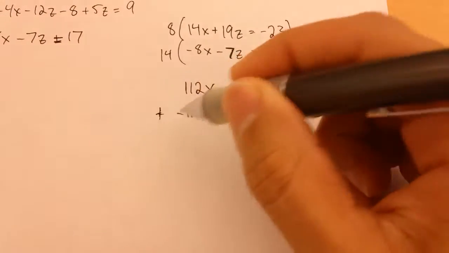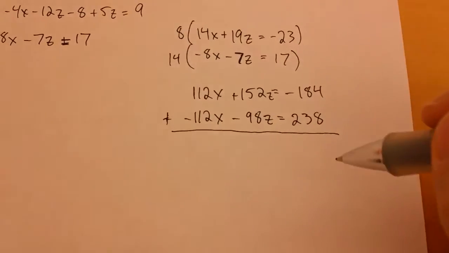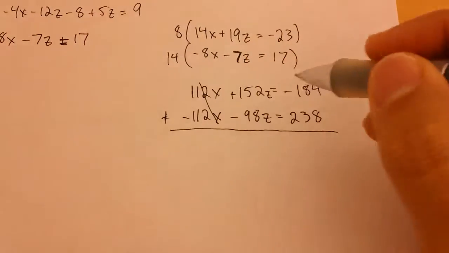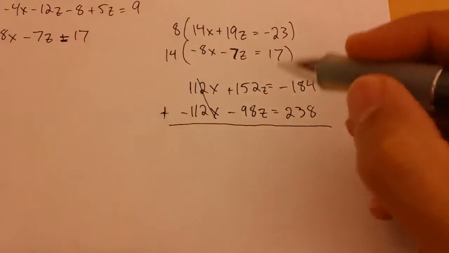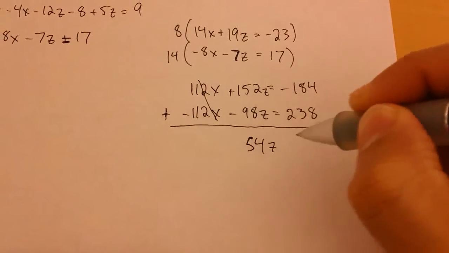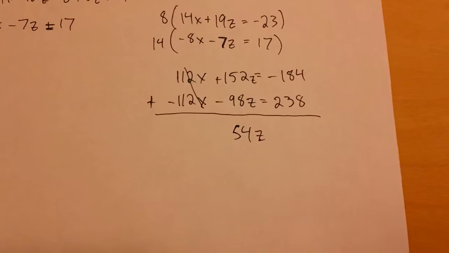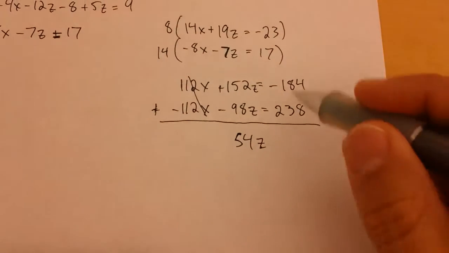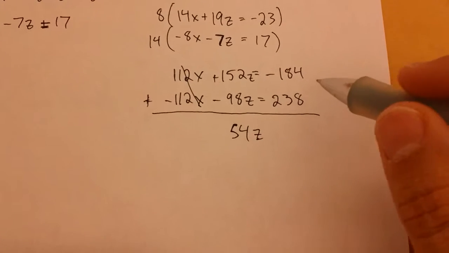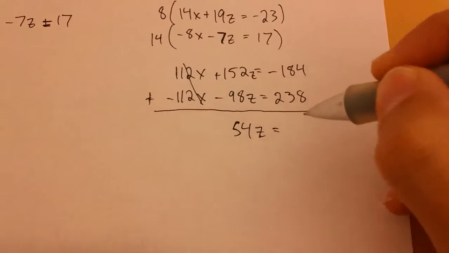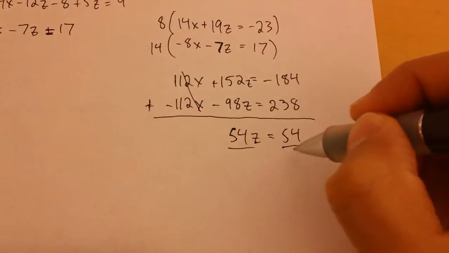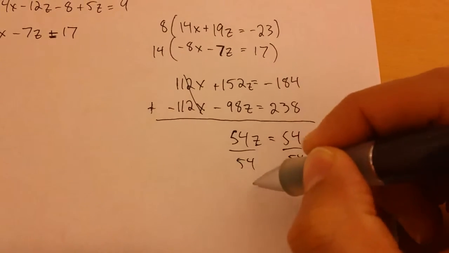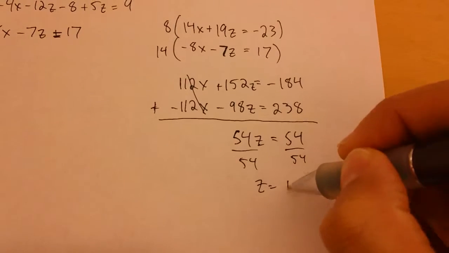So when I combine here, the x's cancel. 152 minus 98 is 54z. And when I add these together, I can already tell what's going to happen. Just from the numbers of it, I'm going to get 54. So now I divide by 54 on both sides, and obviously z equals 1.